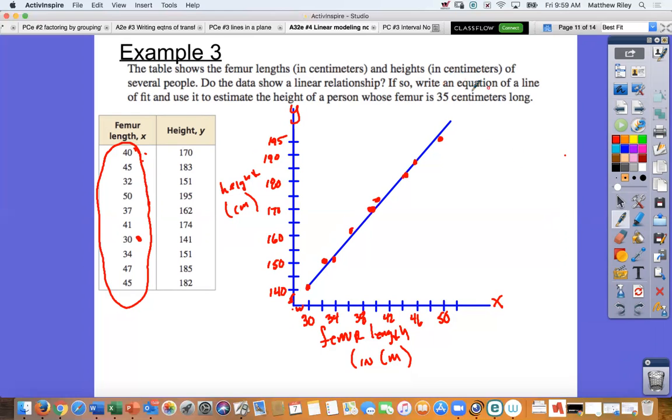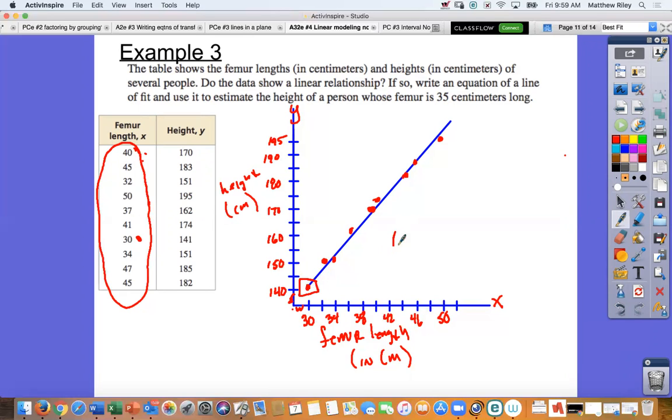So it says, write an equation of a line of fit and use it to estimate somebody whose femur is 35 centimeters long. Okay. I can pick any 2 points that I see that this goes through or where I see that it hits. For instance, now I know that's not exact. It's not an exact science. I'm going to pick this point.